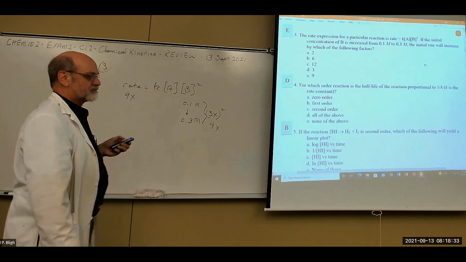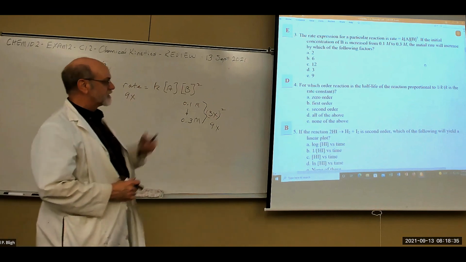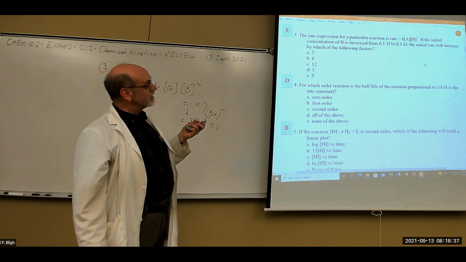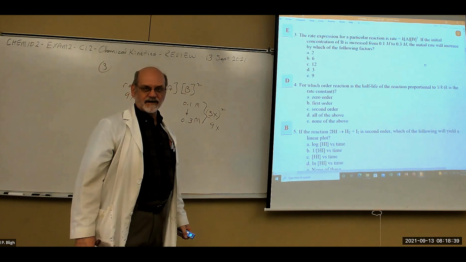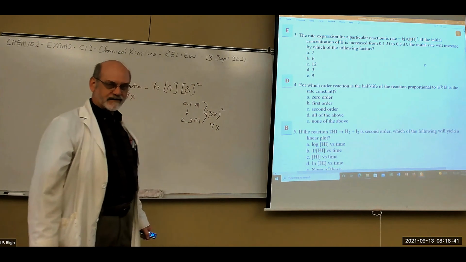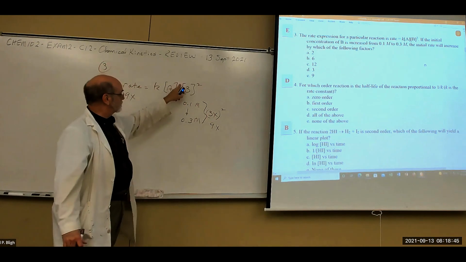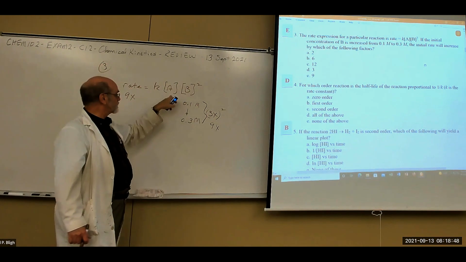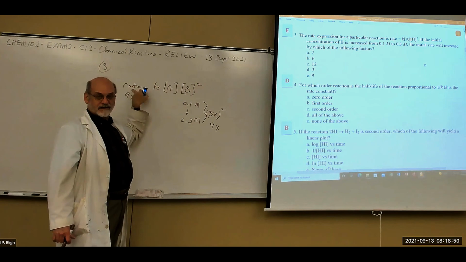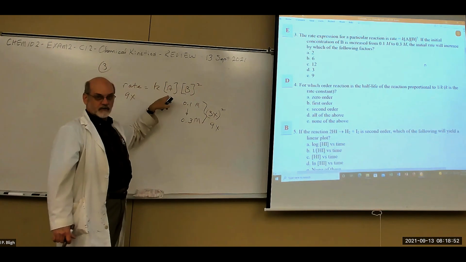So let's try another one. It's not up there, but let's say A is doubled. What does that do to the rate? The factor here is first power, right? So if this is double, that's double, if that's the only change we make.